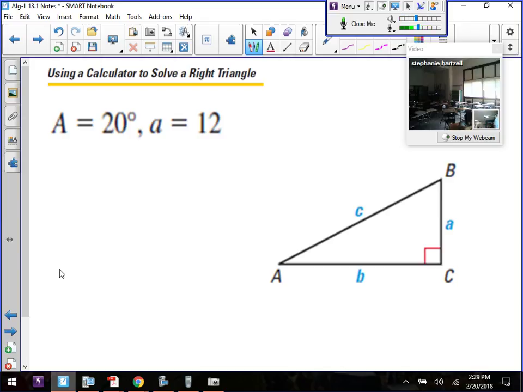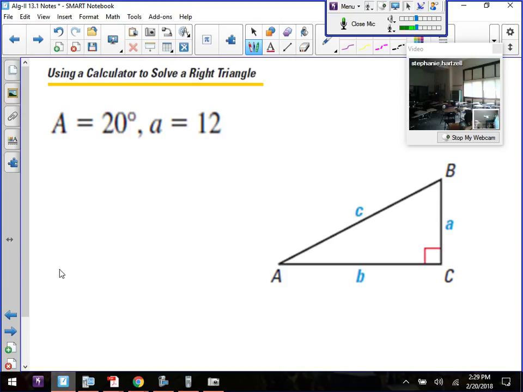What I would do is always draw my picture and label what I'm looking for. These first couple of days of trig are really big-time procedural. Follow the same process, follow the same process, and go from there.